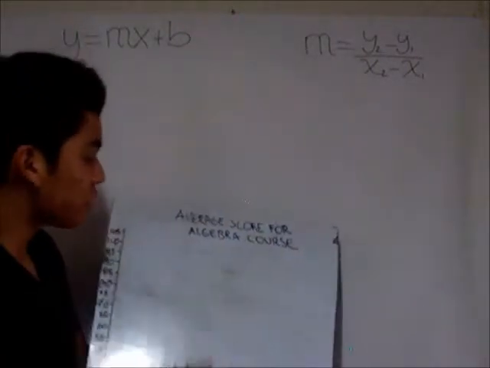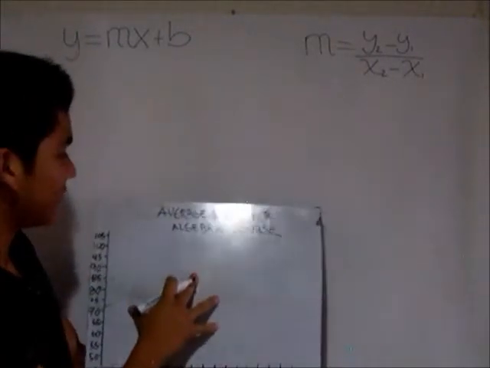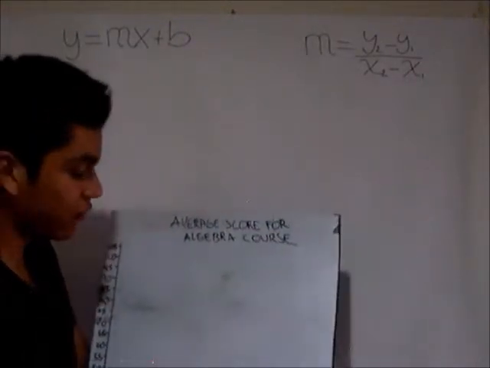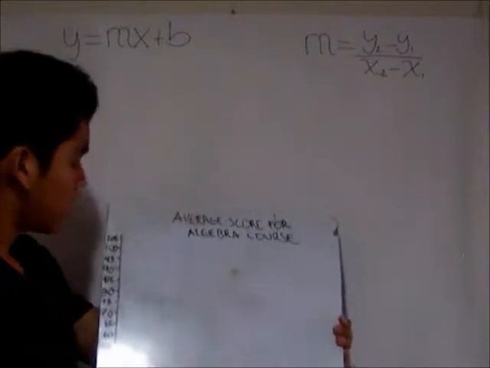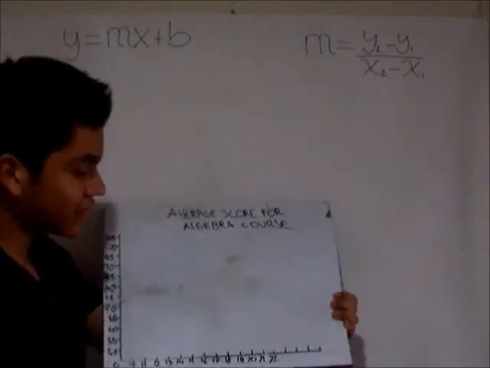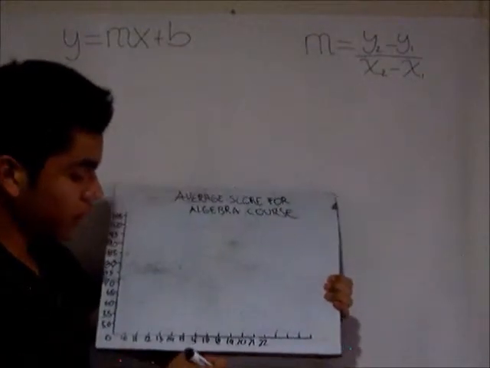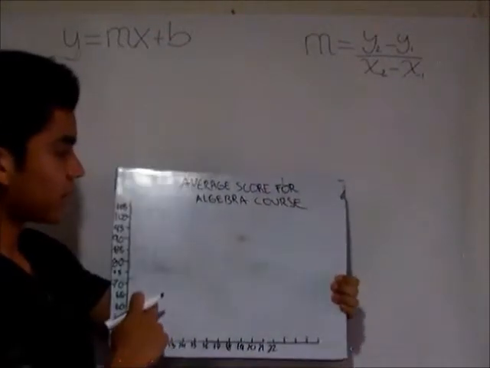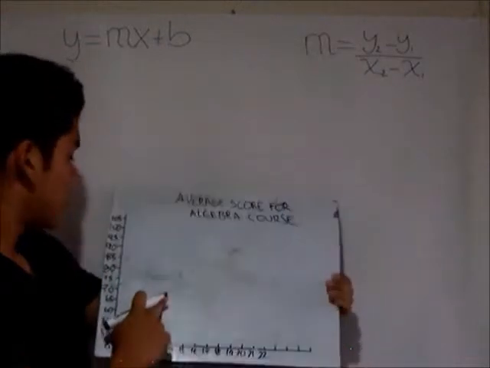So now we're going to graph the table with the information that was just read. Here on the x-axis I will put the grades of the quizzes, and on the y-axis I will put the scores of the tests.